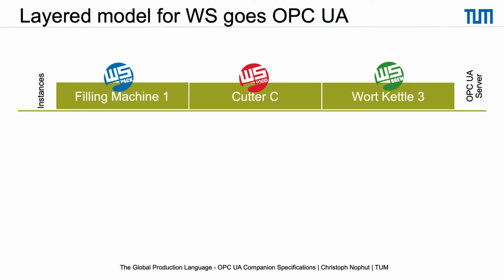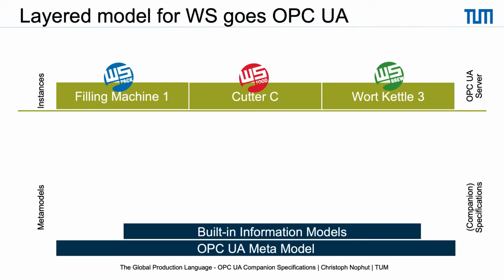At the end of the day, we'd like to have instances for different machine classes. For example, a filling machine from the WSPAC domain and a cutter from the WS Food domain. At the bottom of every server instance is the basis of the OPC Foundation, the OPC UA meta models and built-in information models.